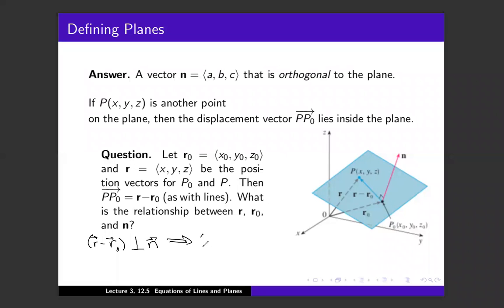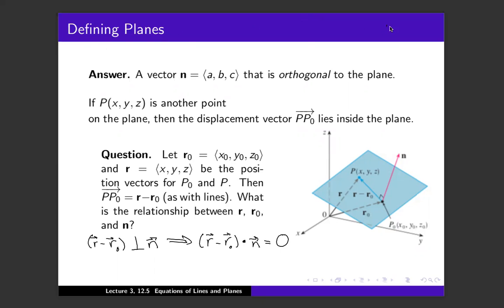That tells us, in other words, that r minus r naught dotted with n, if they're orthogonal, then that has to be equal to zero. That's right. So that means that r minus r naught dotted with n is equal to 0.